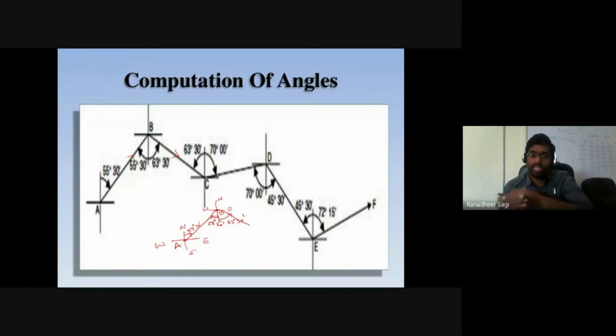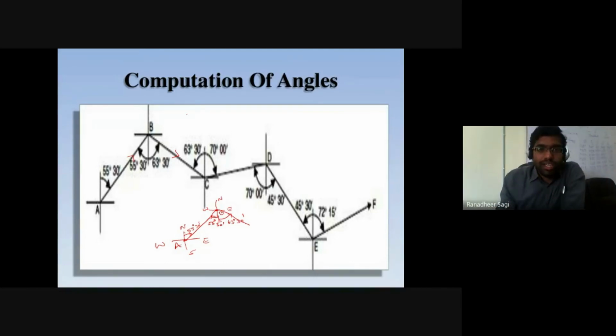So that's how we go on to construct the rough sketch of the traverse. Once you have the rough sketch, how do we calculate the included angles? Here in this case, just by looking at them, we can easily write down the included angles, so I need not write many steps. But as per the problem solving procedure, you have to write all your steps, though you know directly the angle made between those two lines.